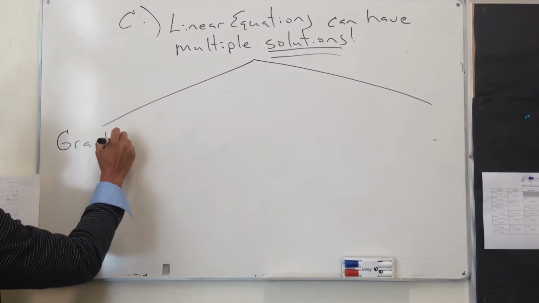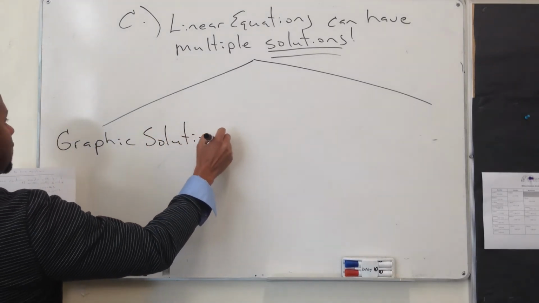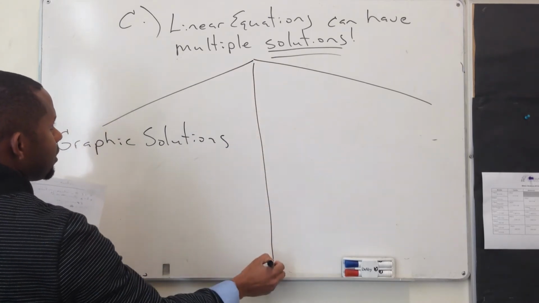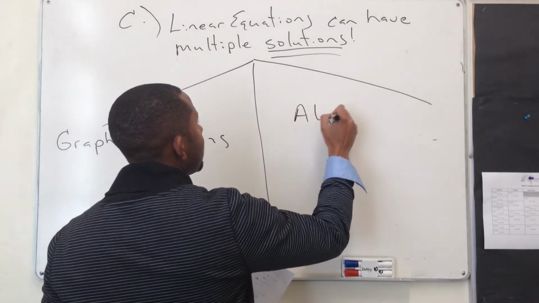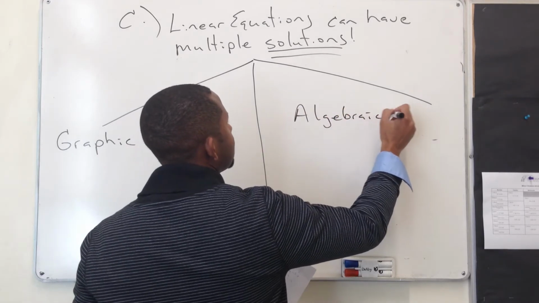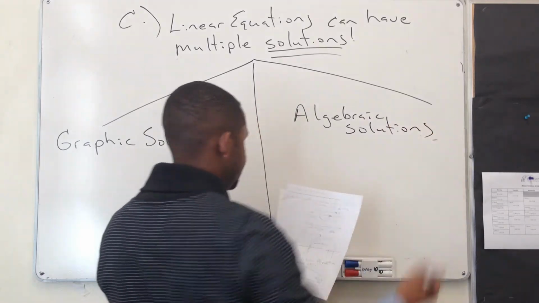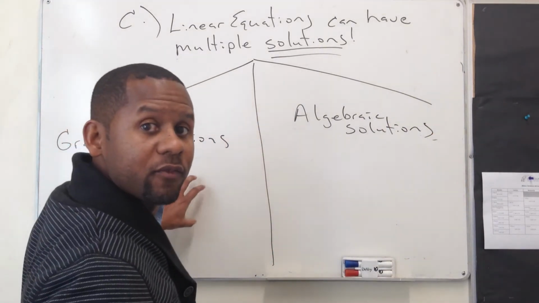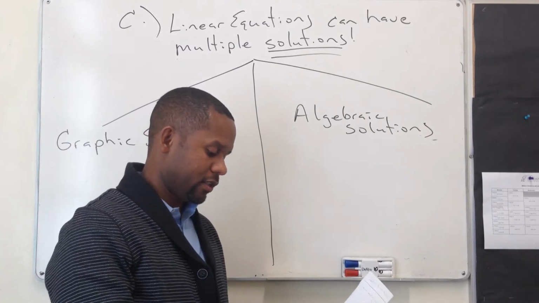There are graphic solutions. You can probably put a line straight down your paper for a little bit. And there are algebraic solutions. Let's focus on the graphic solutions to linear equations first.